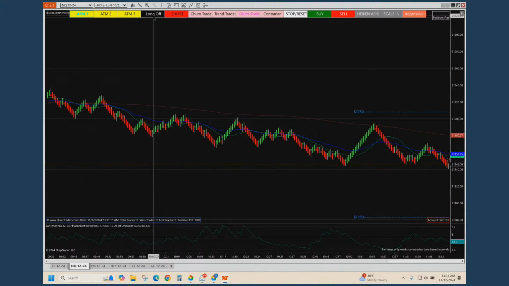Or I could take a churn scalper, a small trade in the opposite direction. If there is a nice pullback from the downside, I'm going to take a trade with one contract.